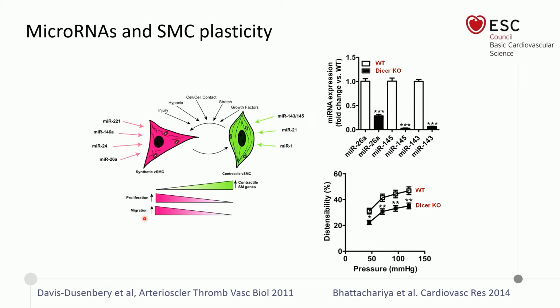In mice invalidated for Dicer, we observe a reduction of MIR26, MIR145, and MIR143, and this reduction is associated with a reduction of blood pressure and a complete disappearance of myogenic tone and vascular tone of the arterial wall.